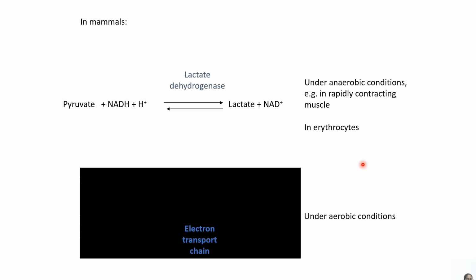In mammals, the pyruvate along with NADH plus H+ will get converted to lactate under the action of lactate dehydrogenase. It's seen that under anaerobic conditions, that is in rapidly contracting muscles.